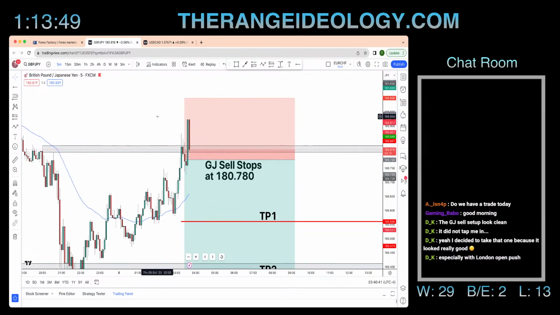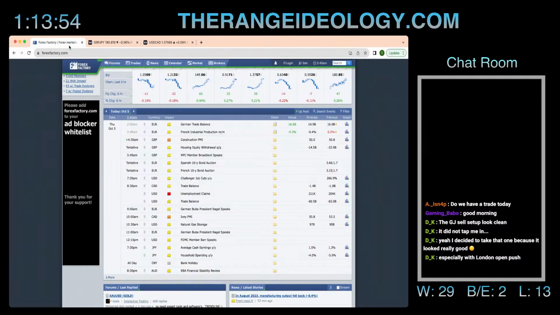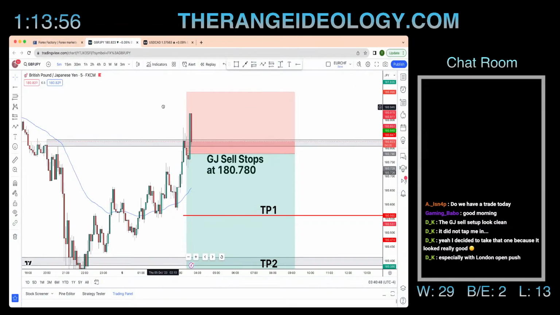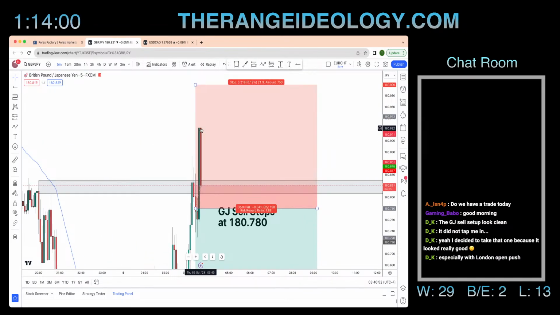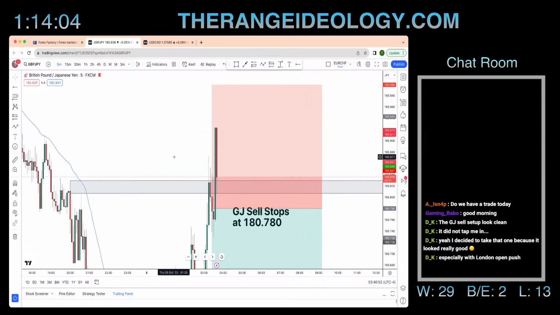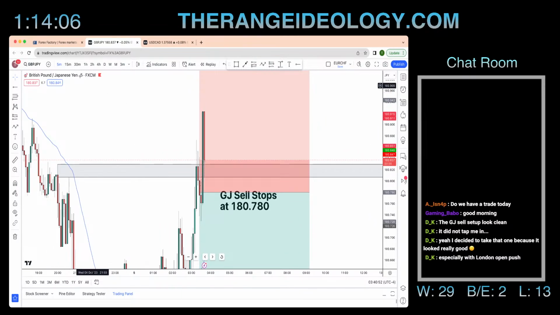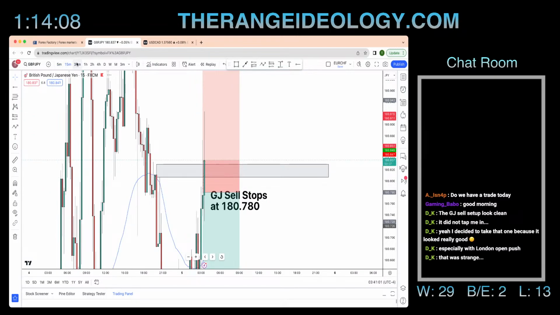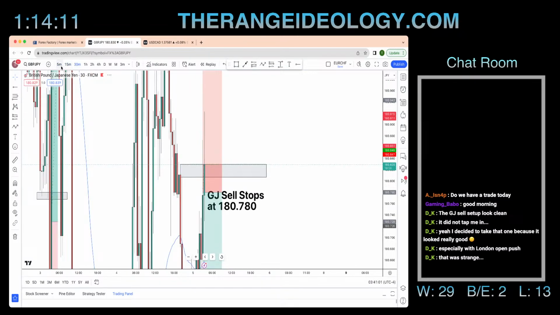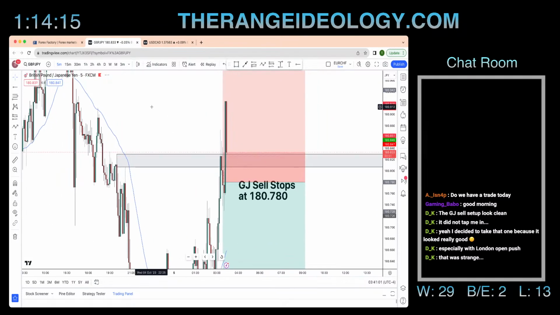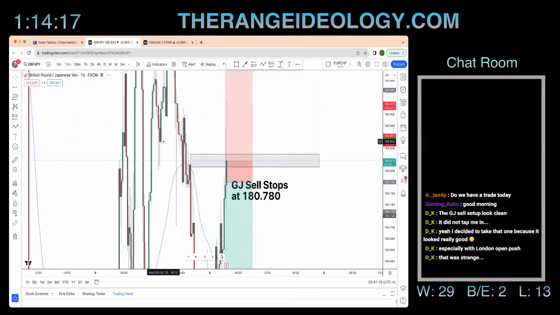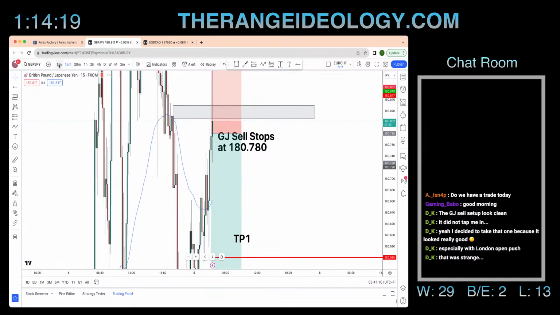So let's see what goes on here. Wow, there's no wick on the top end of the previous two 5-minute candles. So could it come right back up, or could it push down? We're approaching a 50-minute candle close as well, so I'm anticipating that the 50-minute candle closes well below here.